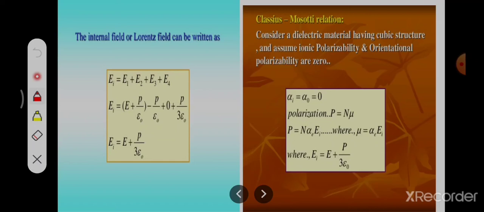Here mu is equal to alpha E into EI, because alpha I and alpha O are equal to 0. By substituting the mu value in P, P is equal to N into alpha E into EI, where EI is equal to E plus P divided by 3 epsilon naught, that is the internal electric field or Lorentz field.